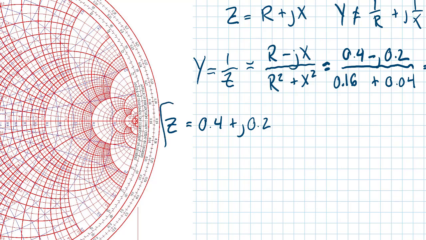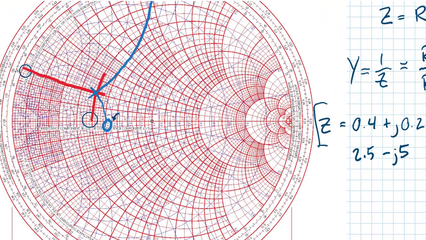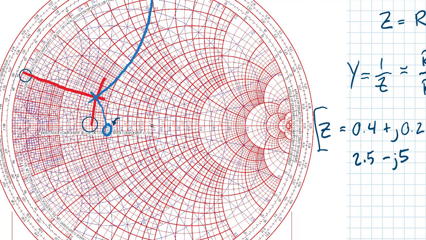If we take our impedance and take the parts' reciprocals individually, we get 1 over 0.4, which gives us 2.5, and 1 over j0.2, which again flips the sign because of the j when you take the inverse, gives us -j5. So 2.5 minus j5 is what we end up with doing it the wrong way. But we can see those values on the chart.